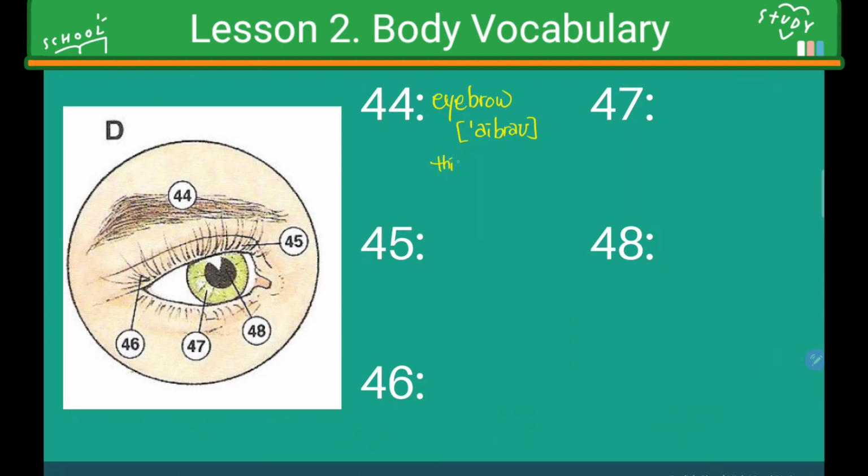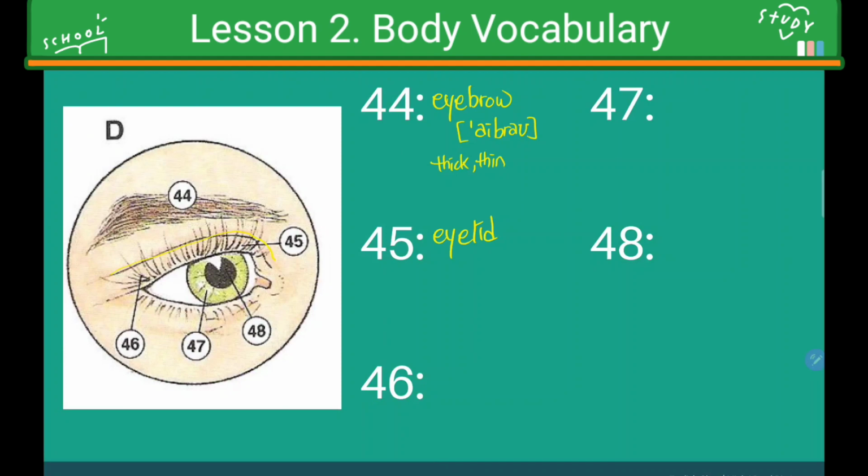And we use the adjective thick or thin to describe someone's eyebrow. Wow, I love your thick eyebrows. And then we have this part. Usually, most people have double eyelids. Lid is the very thin skin that covers your eye, and we call that eyelid.